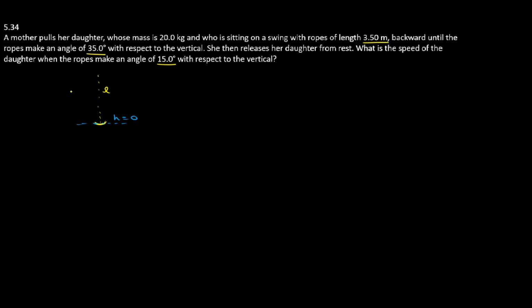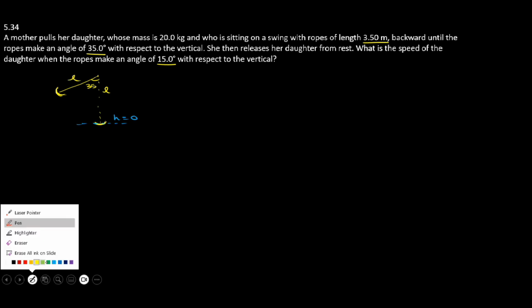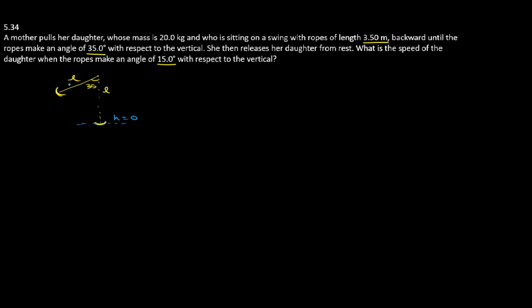Now when the mother pulls the swing back, let the second position of the swing be here, and this is at an angle of 35 degrees with the vertical. The length of the rope still remains L. And let the swing be raised to a height h1 from the reference point.